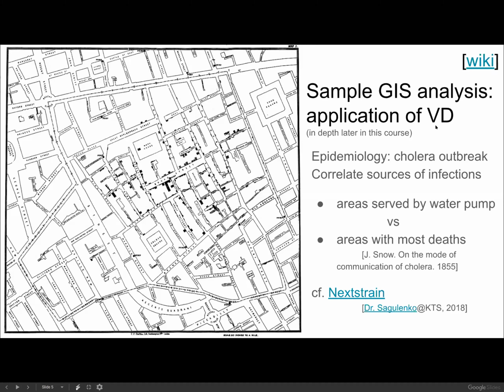That was really done with the help of something that can be called a Voronoi diagram. And I have links here to more modern developments of this kind of analysis, where you're looking at how the different strains of viruses go from place to place, including, of course, COVID these days, but also Ebola and Zika and many other viruses.